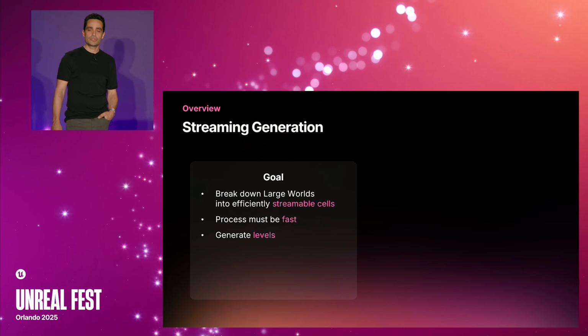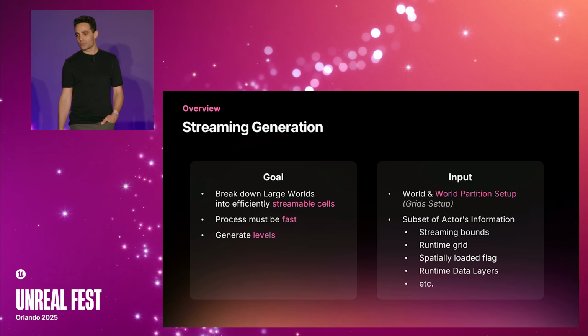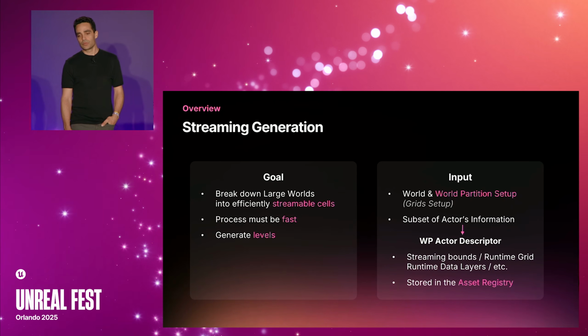And since world partition uses levels as containers for actors and relies on level streaming to load and unload them, the process needs to generate levels. So it takes as input, of course, the world partition setup, including the grid setup, and a subset of the actor's information, such as the actor's streaming bounds, runtime grid, specially loaded flag, and runtime data layers. This information is accessible through the asset registry and is updated each time an actor is saved. We call this information the world partition actor descriptor.